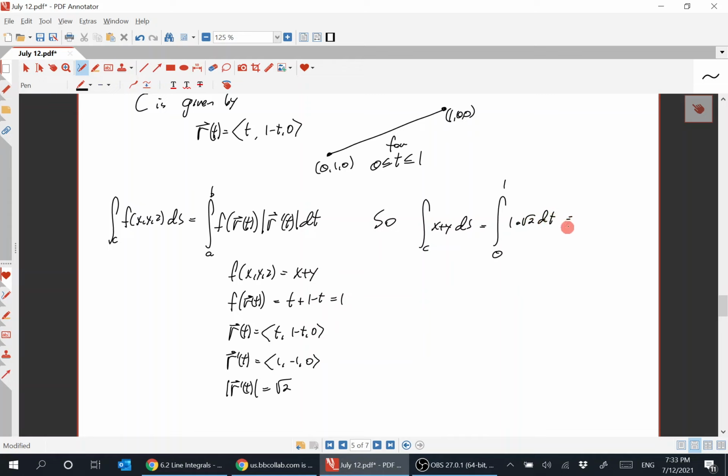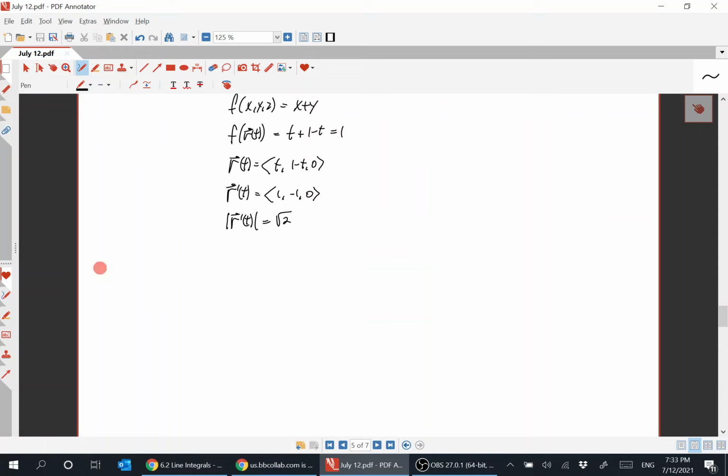So it's the integral of the square root of 2 from 0 to 1, which is just square root of 2. Okay, so first example of line integral 46. Scalar line integral, that is.